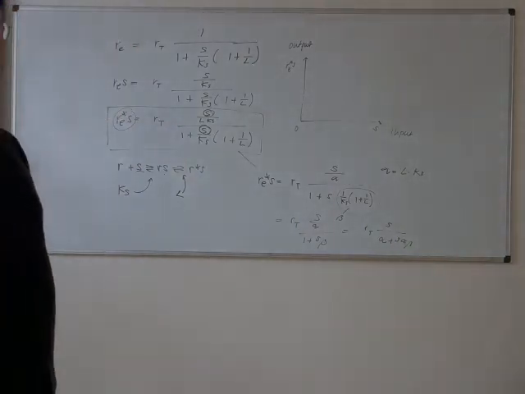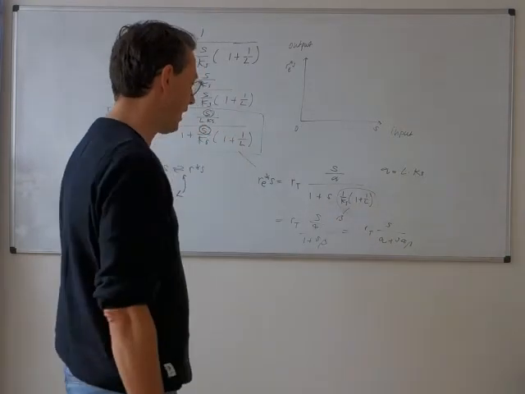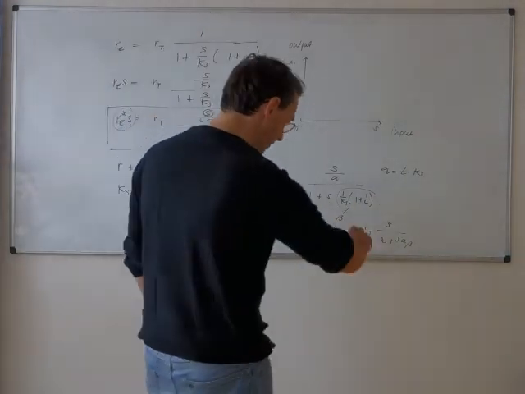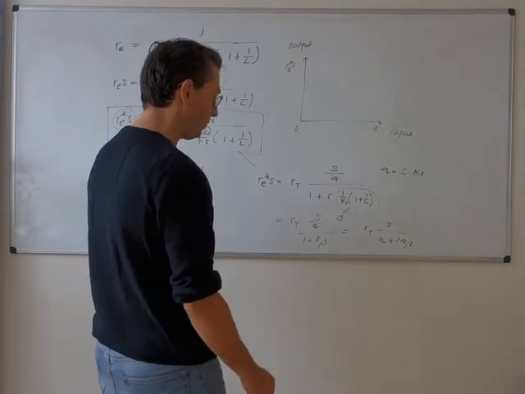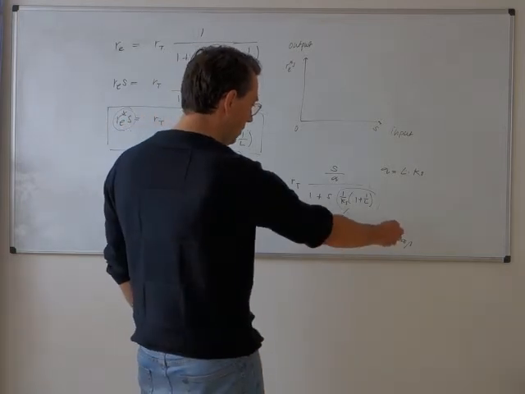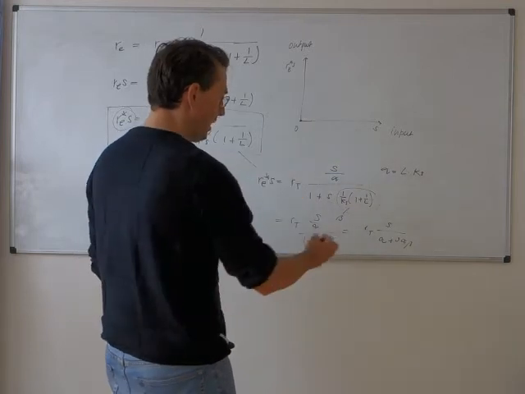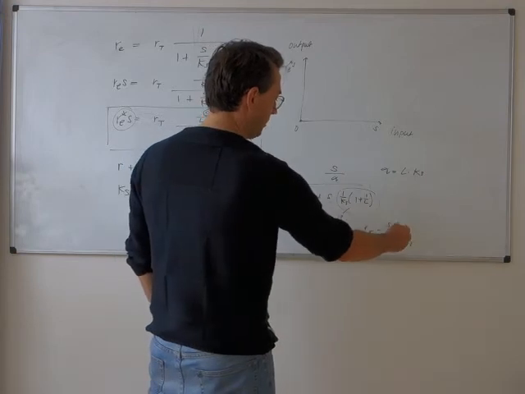But whichever way you look at it, this dependency is going to be hyperbolic. If you don't believe me, plot it in Excel and then you will see. And there's also an easy way to figure it out. First of all, when S is 0, clearly this concentration is going to be 0. If S is infinite, so if it's really large, then the ratio is going to be 1.